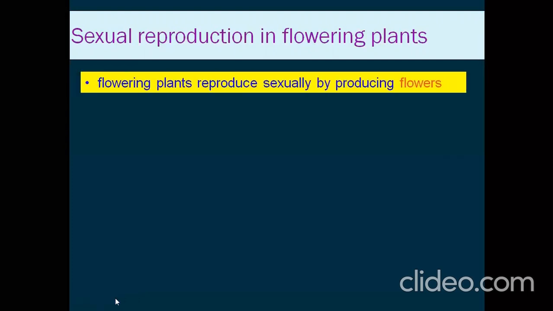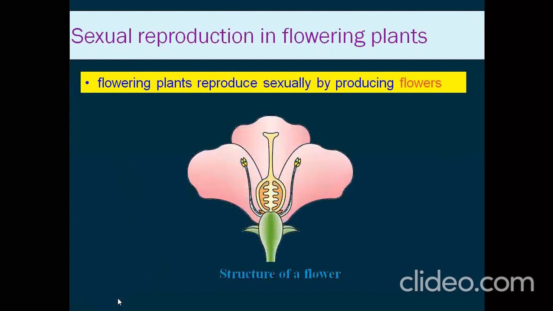Now, our topic is that flowering plants reproduce sexually by producing flowers. First, we will study the structure of a flower. This part of the flower is the female reproductive part of the flower, right?